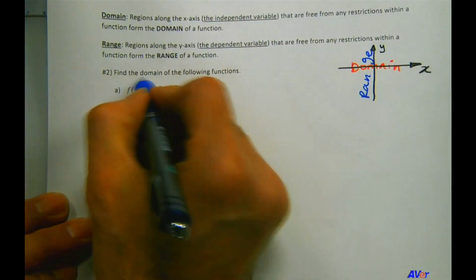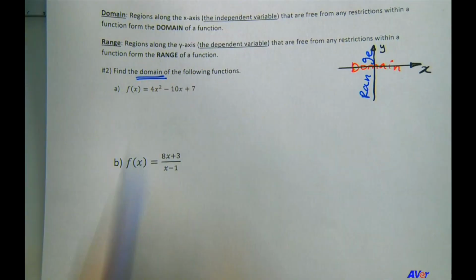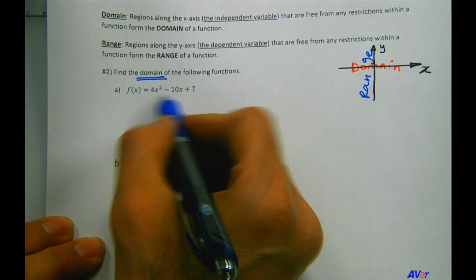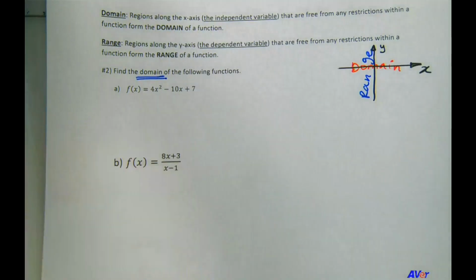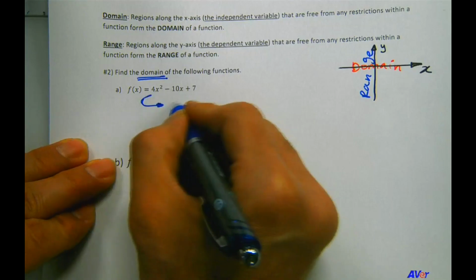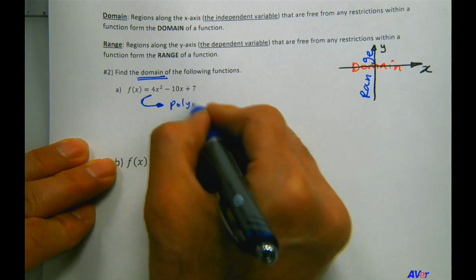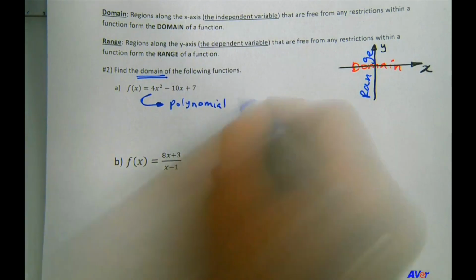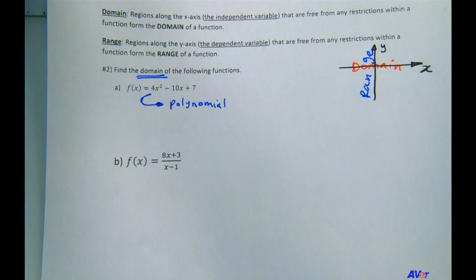In this case, we're asked to find the domain. Okay, so the domain of this is a polynomial. 4x squared minus 2x, this is a polynomial. All polynomials have domain that has no restriction.